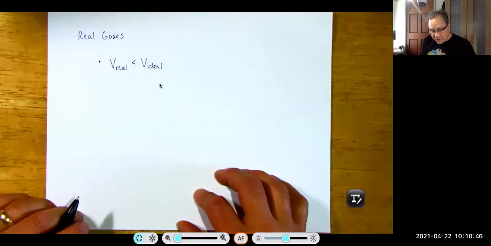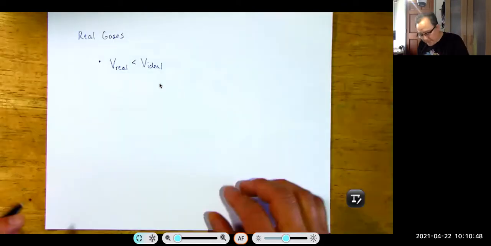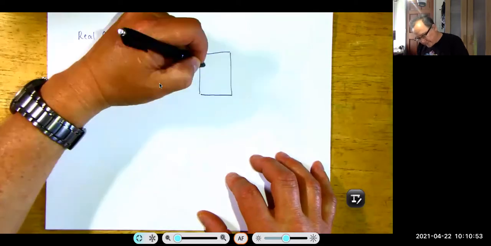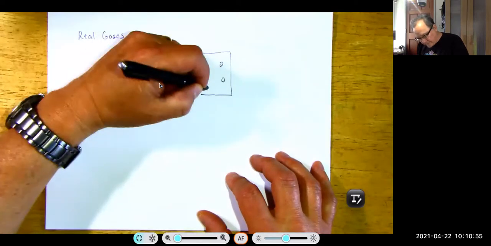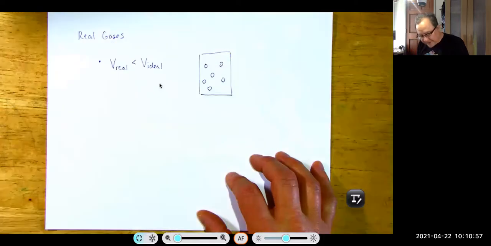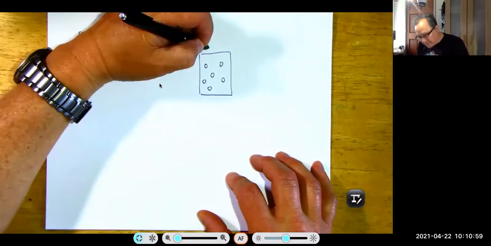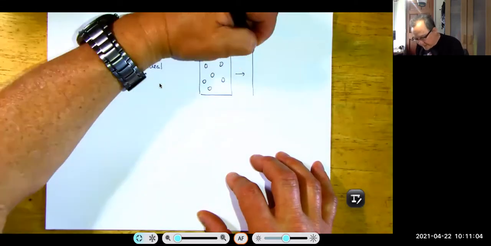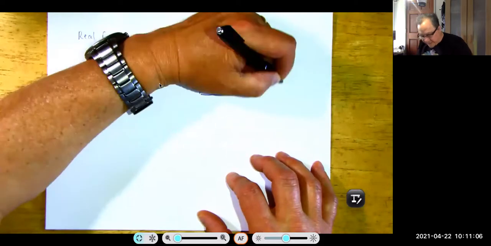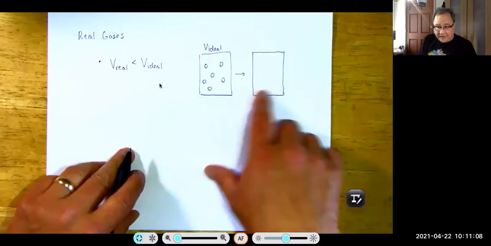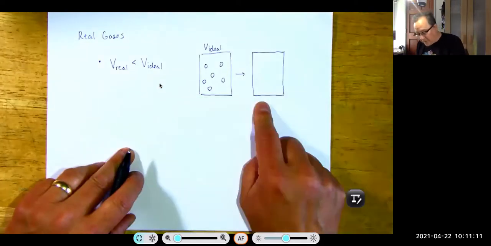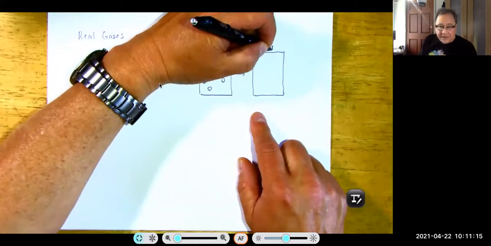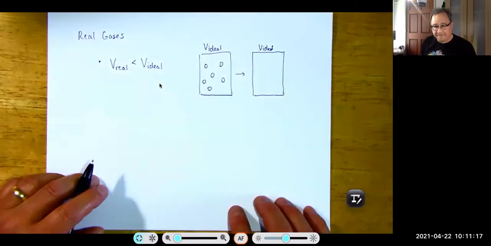Let me show you what I mean by that. If this is your gas, and this is the ideal volume, and this container here is supposed to be the same container, same size, right? I'm going to put ideal on the outside here. You can see there's a lot of space between particles, correct?